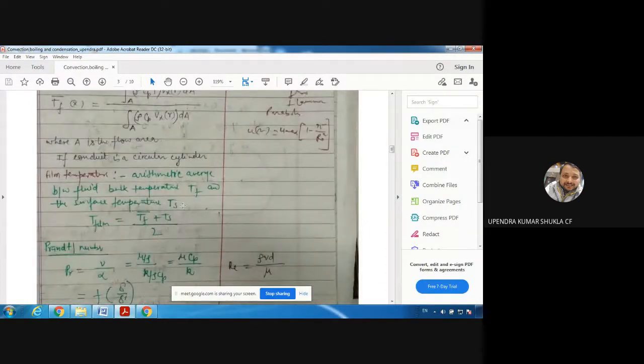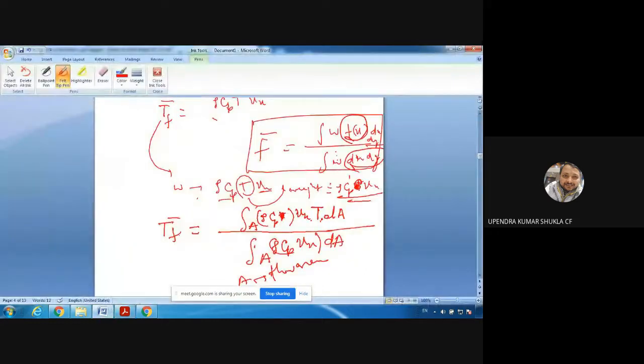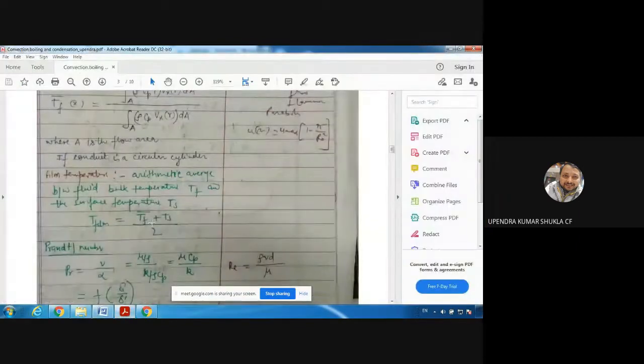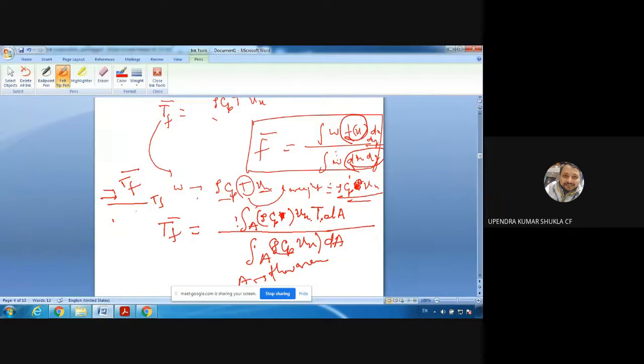Now, film temperature. Film temperature is the arithmetic average between the bulk fluid temperature, T_F bar, and the surface temperature, T_S. This fluid is flowing with average temperature T_F bar, and the solid temperature is T_S. What is the film temperature? I have just defined it as the average of these two, the arithmetic mean, because these are only two numbers.